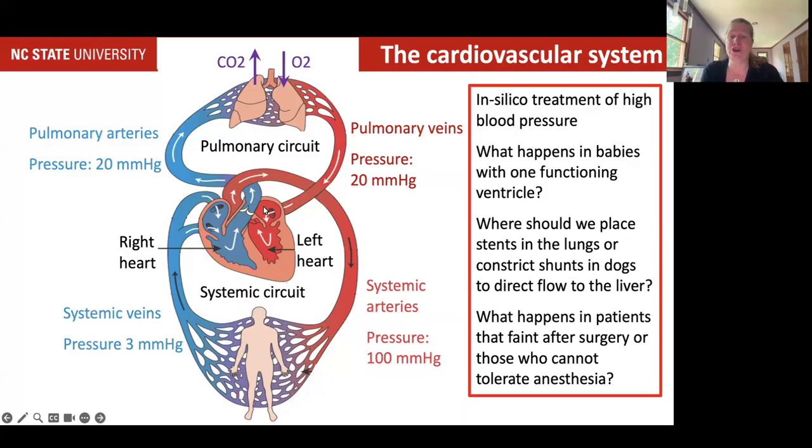These are called the Fontan babies, because instead of having a two-sided pump, you rewire the system to a one-sided pump. And another question you could ask is, if you have a lot of blood clots in the pulmonary circuit, which is the one up here, and you want to use microballoons to insert stents, and assume you have 20 clots but can only insert 3 stents, where should you insert those stents?